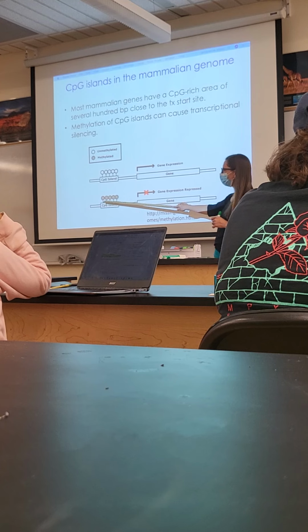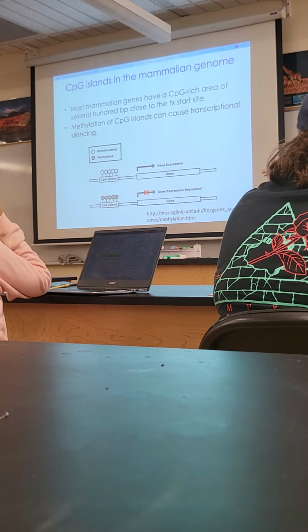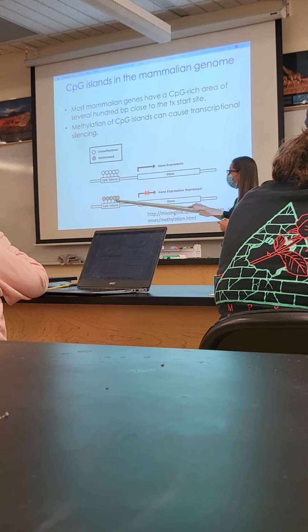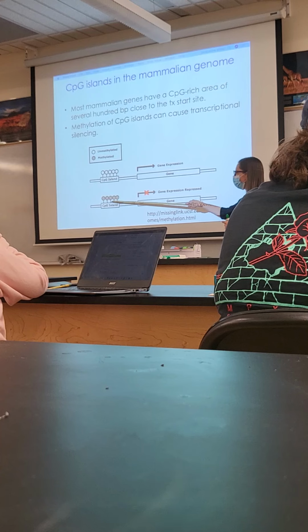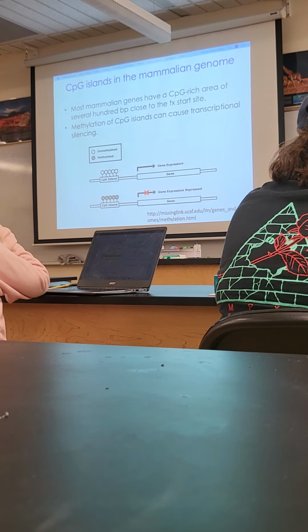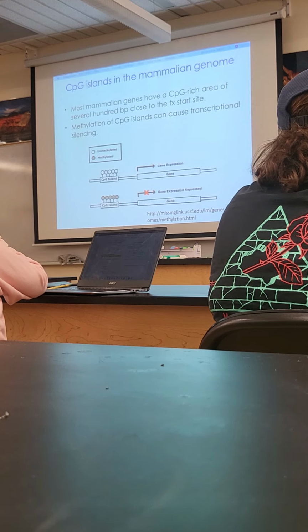When they're closed, it means they are methylated. It turns out that if you go to the promoter of a gene and you methylate those cytosines in the CpGs, you can turn off that gene. So this is a big way that gene expression is controlled.